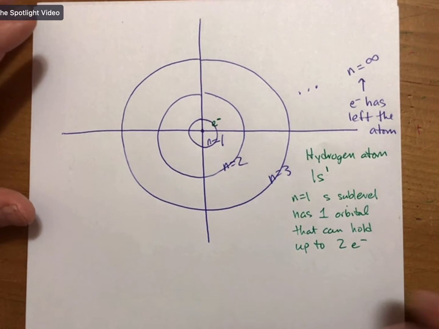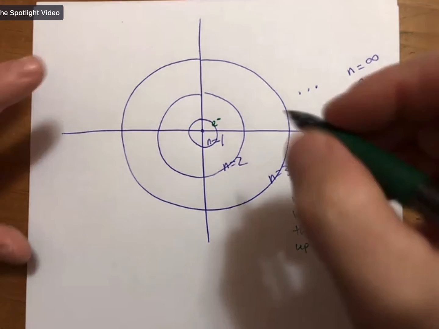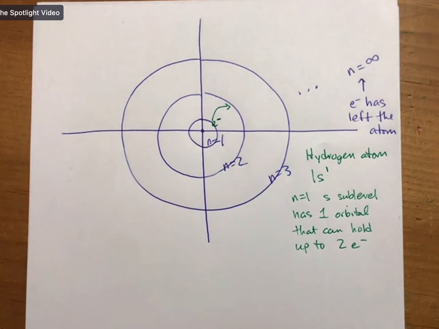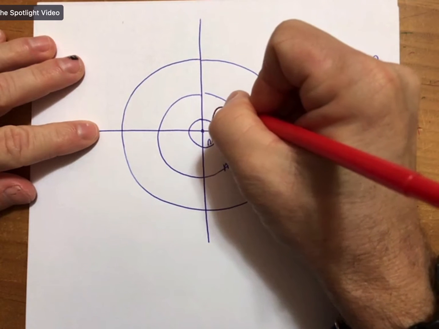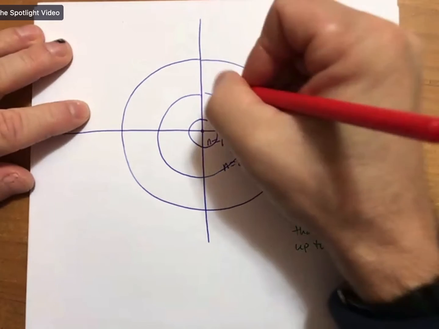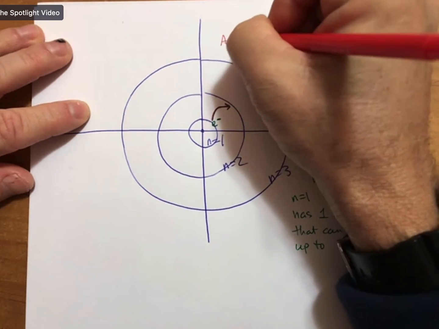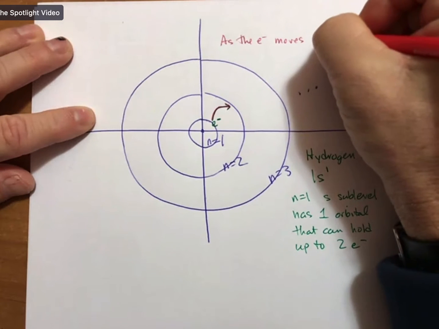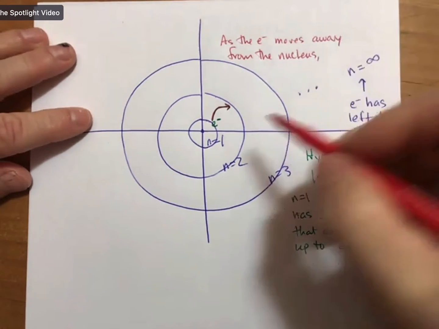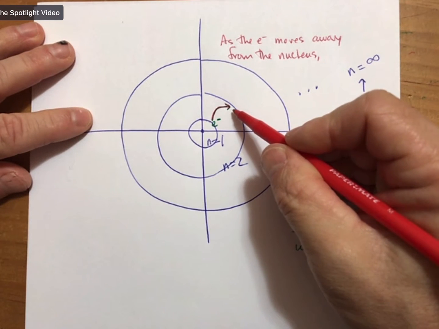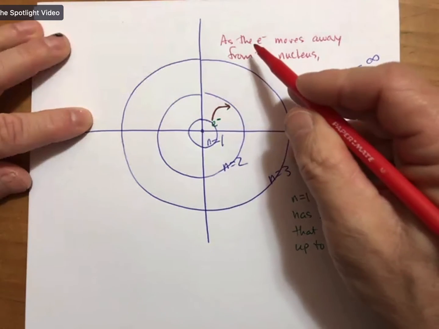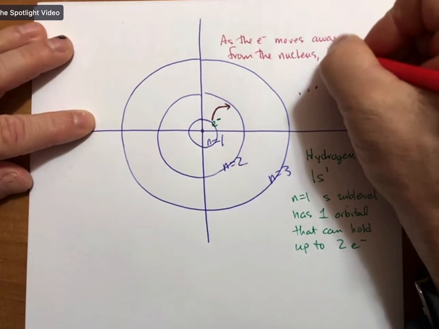Okay. Let me say this before I move on. As this electron moves away from the nucleus, and let's do that in a third color, we'll choose red this time, the atom absorbs energy because the electron is going to a higher energy state farther from the nucleus.